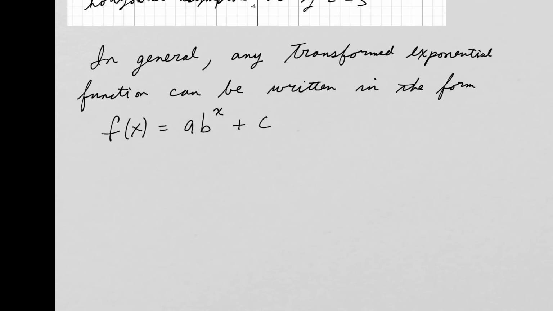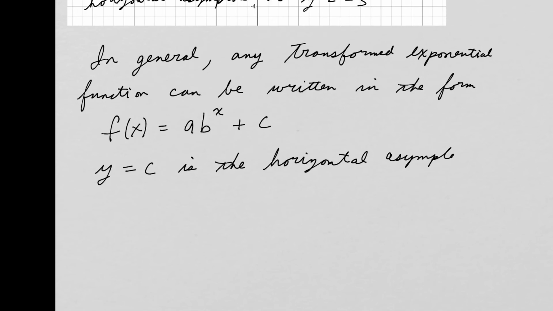Well, now y equals c will be the horizontal asymptote. So y equals c is the horizontal asymptote.